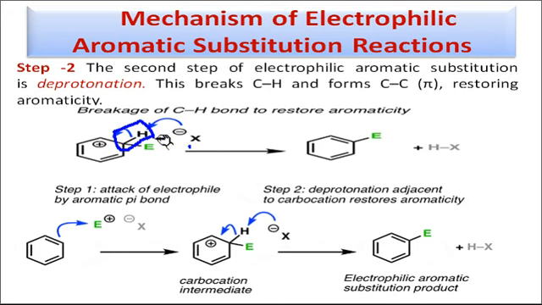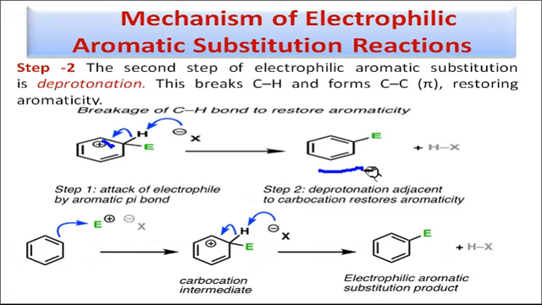When this H is removed from here, these electrons are now available with this carbon atom, and again the pi bond is formed between the first and second carbon atom, which restores the aromaticity of this benzene ring, and finally the substituted product is formed.